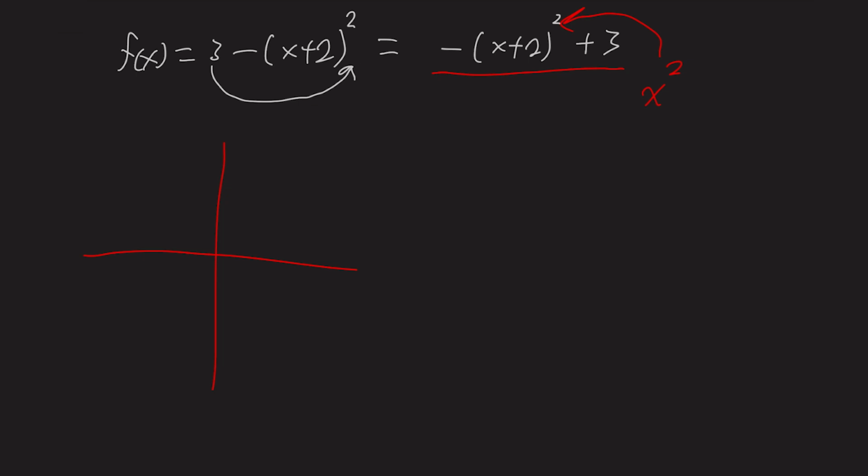Now, the next thing I notice is that my parabola has a horizontal shift associated with it. Therefore, it's going to be moved, in this case, 2 units to the left. So we're now looking at this point as opposed to the origin. We're also noticing that we are going to be shifting up by 3 units.